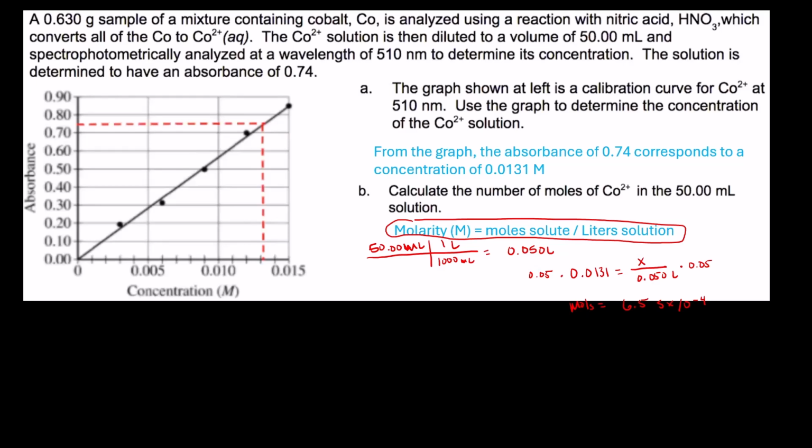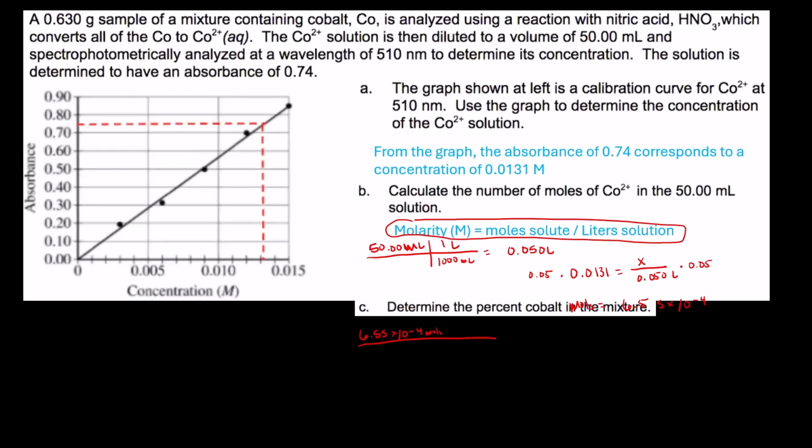The next step is to calculate the percent cobalt in the mixture. To do this, we have to convert moles to grams, just like we've been doing before. We have 6.55 times 10 to the negative fourth moles, we have 1 mole, and we're going to multiply that by 58.93 grams of cobalt.